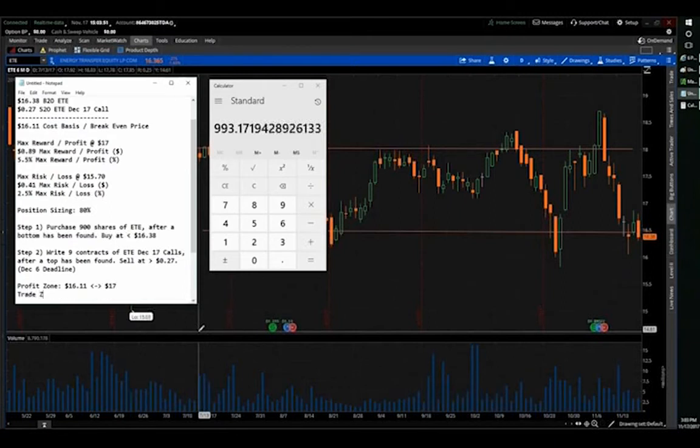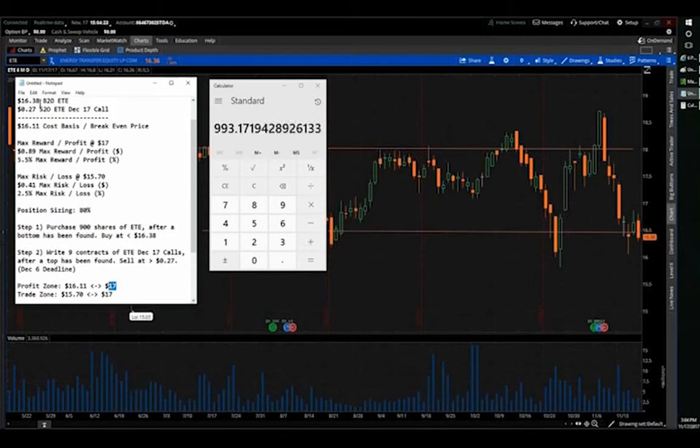And our trade zone is going to be anywhere from our bailout price, which is going to be $15.70, all the way up to, again, our exercise price. Now, when we leg into this, obviously, if we can get a better strike price because our underlying symbol's up here, our actual profit zone might be into the $18 range, maybe even into the $19 range, depends on what premium we sell.